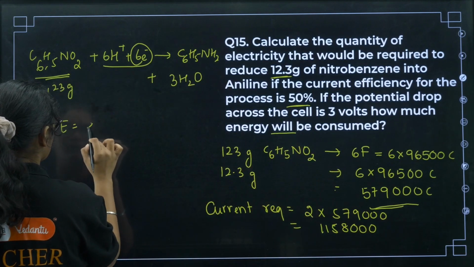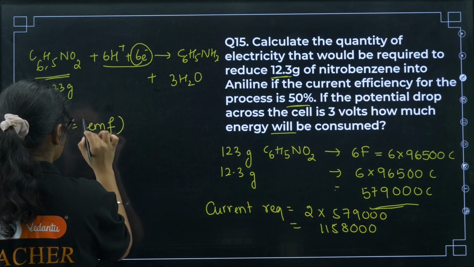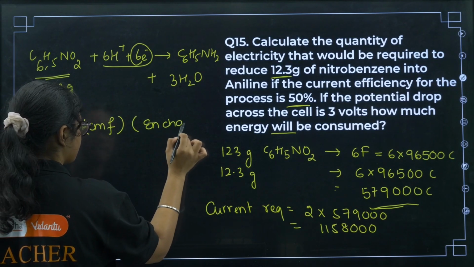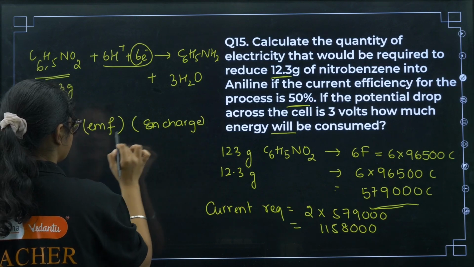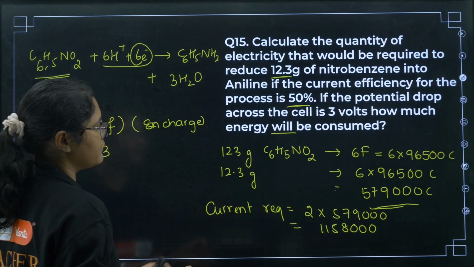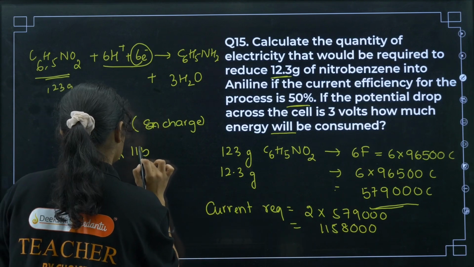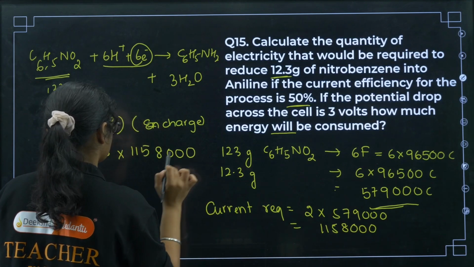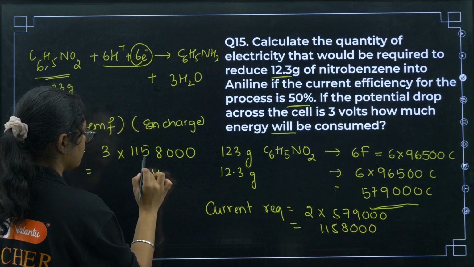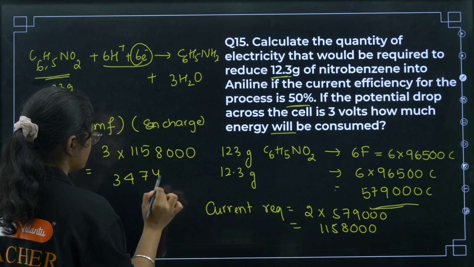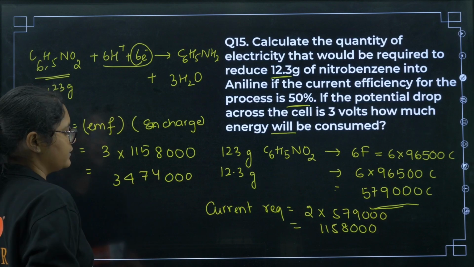Energy consumed will be equal to EMF into the charge. So how much is the EMF? You are giving 3 volt. 3 into this one, 115800. So 3 8s are 24, 3 5s are 15, 16, 17, 3 1s are 3 plus 1, 4, 3 1s are 3. This much we will get.